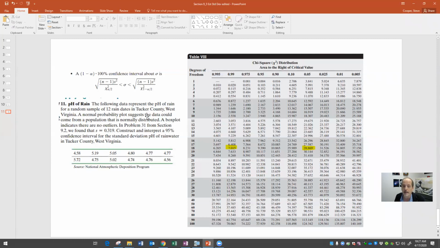And they've told us again that the data could come from a population normally distributed based on a normal probability plot, and that there are no outliers. So we can go ahead and use our formulas.